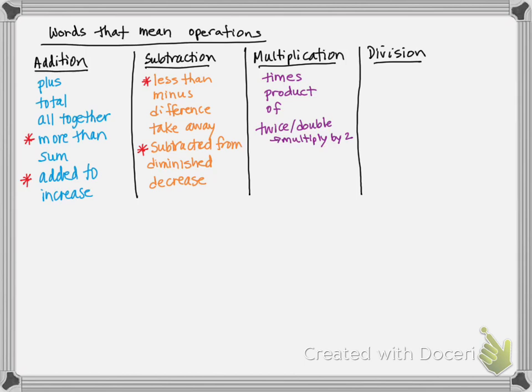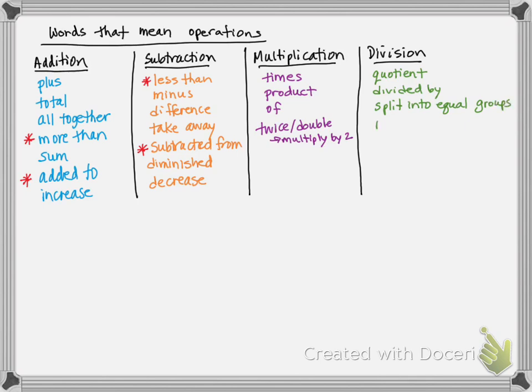The last is division. Quotient, that's the answer to a division problem. Divided by, some of them are pretty darn obvious. Split into equal groups, that's a mouthful. So usually grouping gives it away.